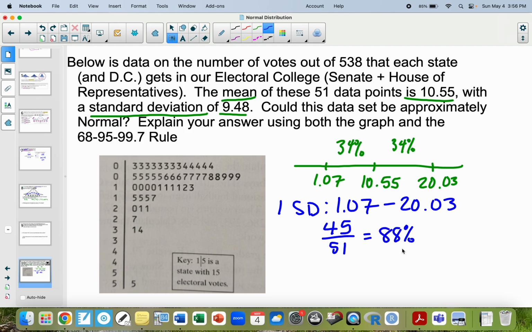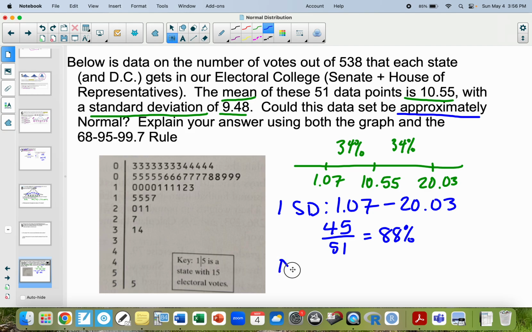So I can really stop here because that's pretty far away from 68% of your data. Now, it says approximately normal, so it might not be exactly 68%, but it should be close for it to be approximately normal. I would say 88% is nowhere near 68%.